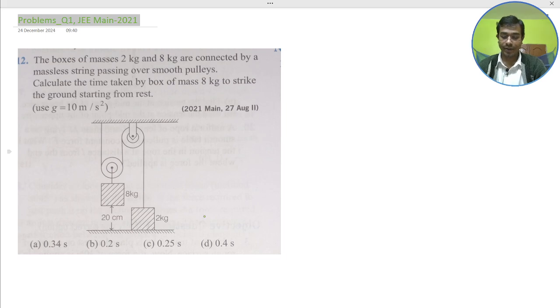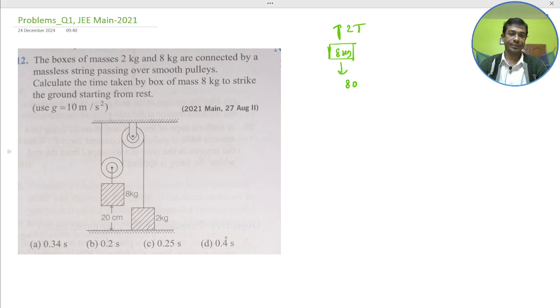First of all, for the 8 kg, let us assume this is the 2T, and here this is the 8g, basically 8 mg, where m is given, g multiplied, and the acceleration a.